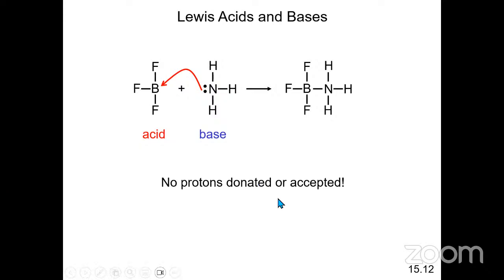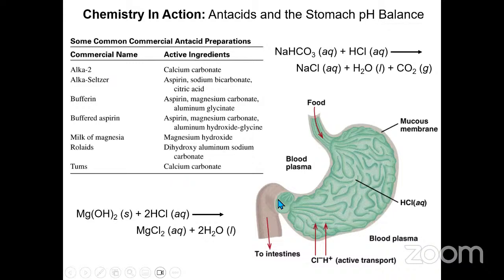Okay, and then the very last slide in this chapter deals with one application of things that we have learned so far: several preparations that are commercially available for the treatment of heartburn. By the way, heartburn is a bit of a misnomer because it has nothing to do with your heart.